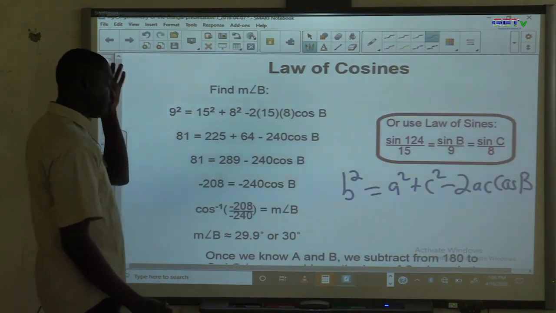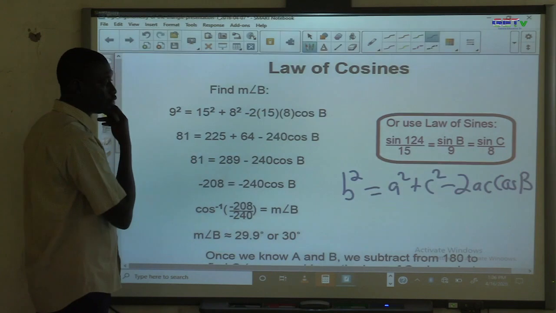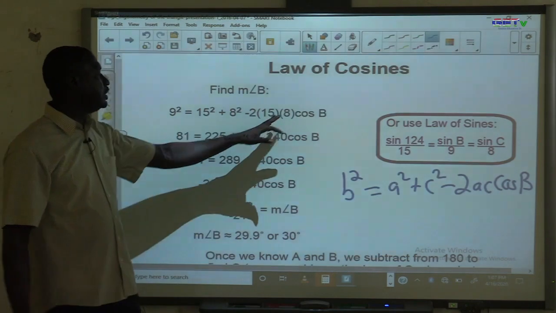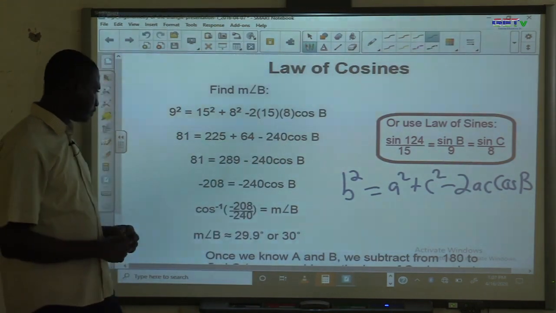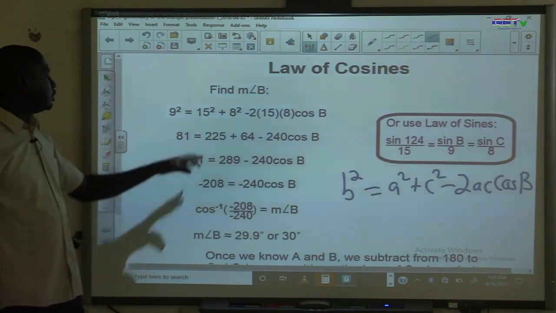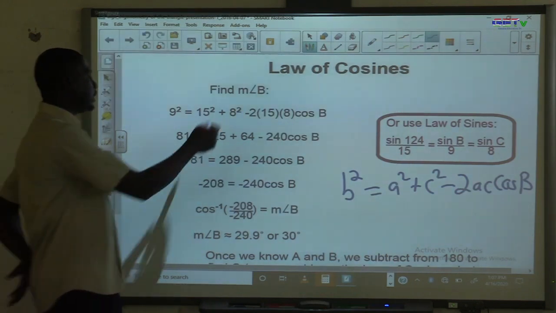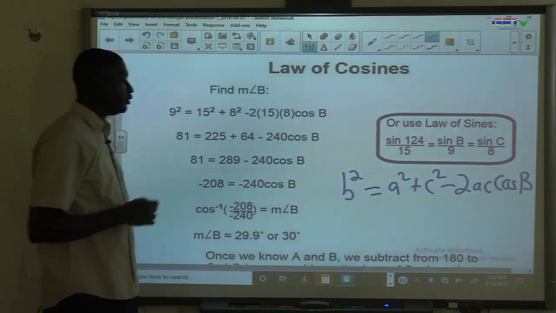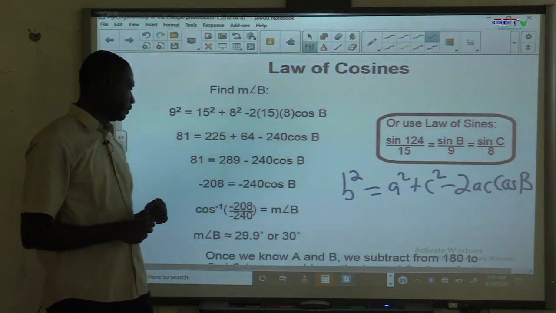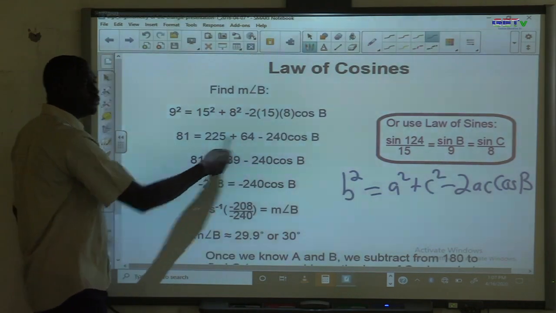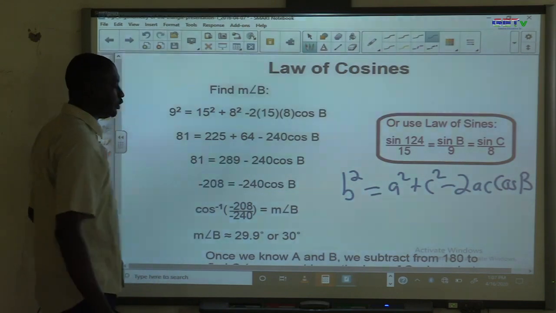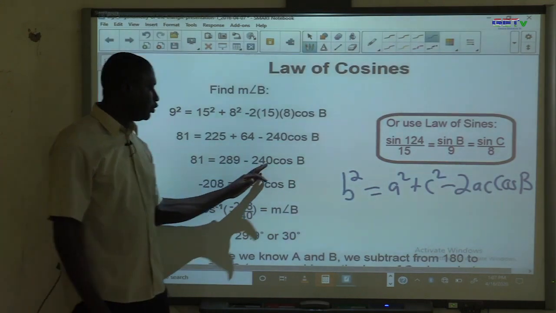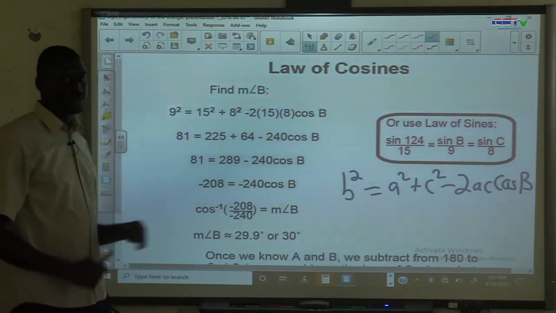So B squared is 9 squared, which is equal to 15 squared, that is our A squared, plus 8 squared, minus 2 times 15 times 8 cos B. 15 squared gives us 225, 8 squared is 64, and 2 times 15 times 8 will give us 240 cos B. So if I add these two together, that is 225 plus 64, we'll get 289. 289 minus 240 cos B is equal to 81.